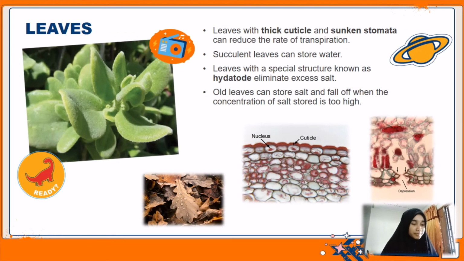Leaf. A leaf with a thick cuticle and sunken stomata can reduce the rate of transpiration. So this is the thick cuticle that reduces the rate of transpiration, and the picture beside it shows sunken stomata, or hidden stomata, which are not directly exposed to the surface.